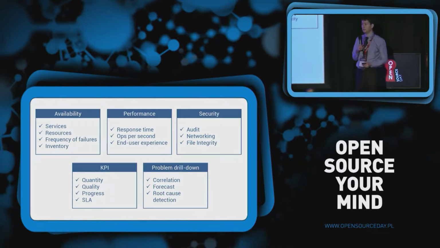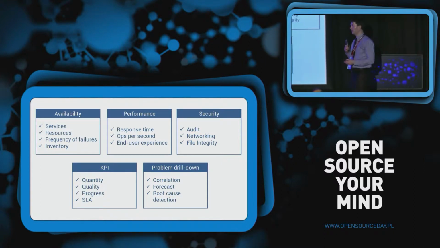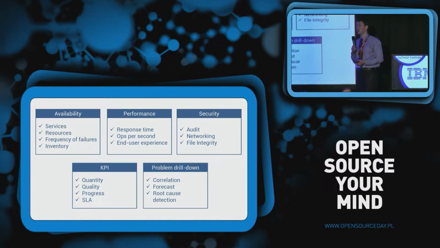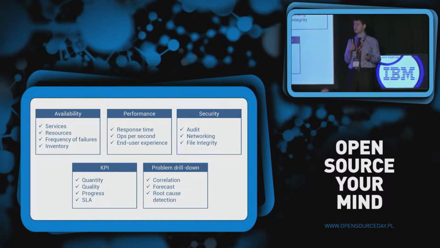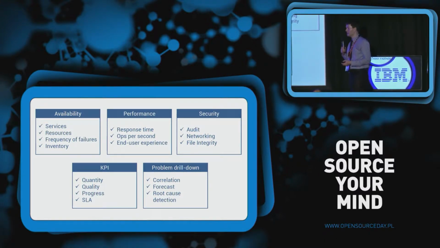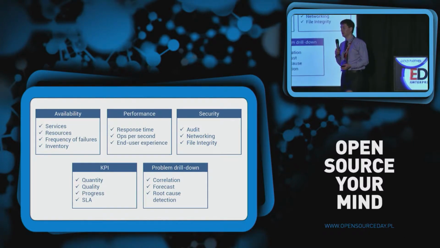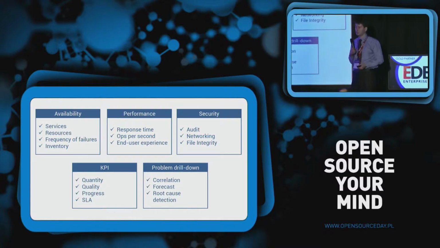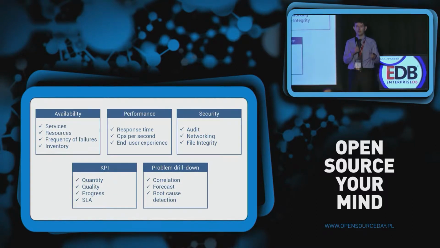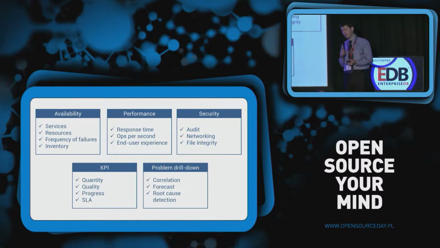Then there is performance monitoring. The service may be available, but very slow. If the response time of our web page is 1 second, maybe that's okay, but if the response time of our web application is 10 seconds or 1 minute, it's not okay anymore. So SLA is both availability and performance.